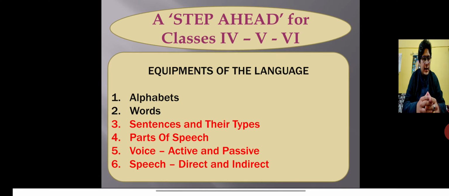It's not just classes 4, 5, 6, and 7, the middle classes, that have to equip themselves with syllables, alphabets, the gameplay of alphabets, and words, but every other class too. Some of us don't come from a background that has sound knowledge of this language called English. So we have to empower ourselves and preserve this language.